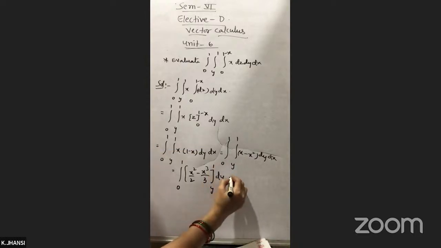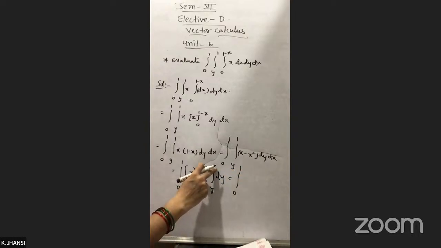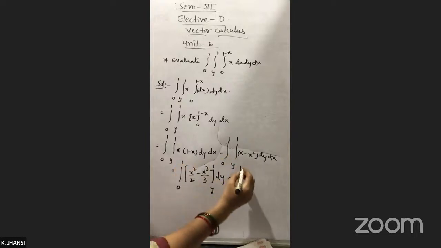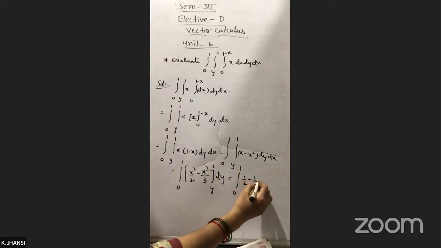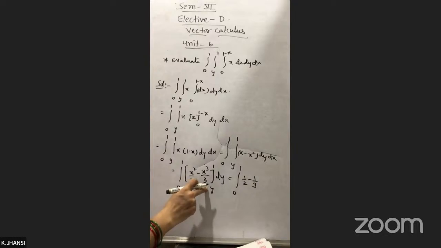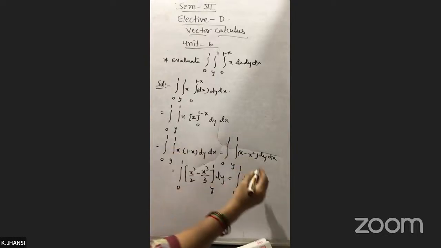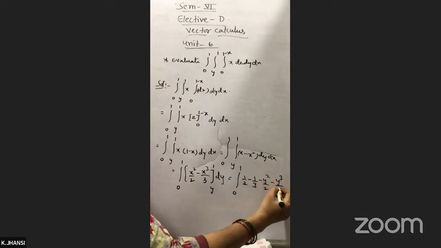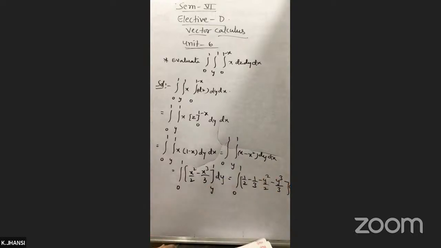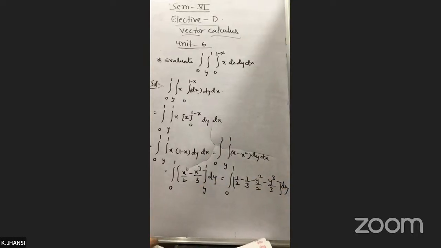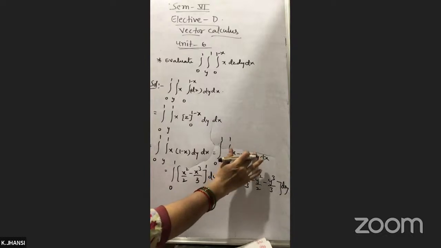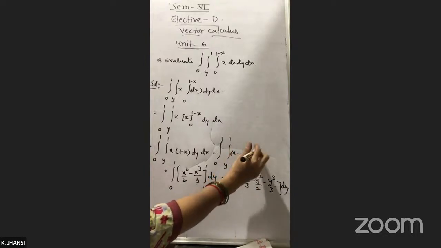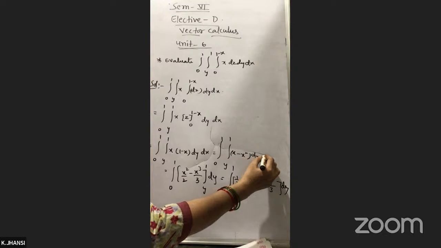Okay. So it is equals to 0 to 1. When you substitute here upper limit as 1, you will get 1 by 2 minus 1 by 3. Next minus of lower limit, that is minus y square by 2, y to the power of 3 by 3 into dy. Okay. Here if you have any confusion, you can take dx here first and dy later.